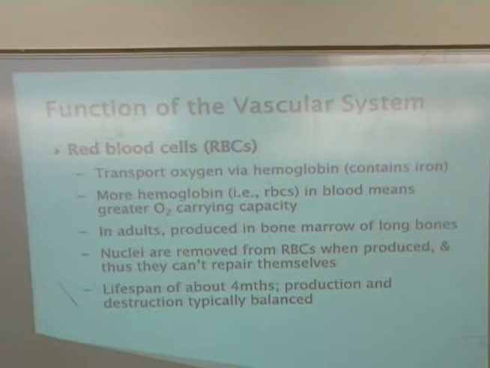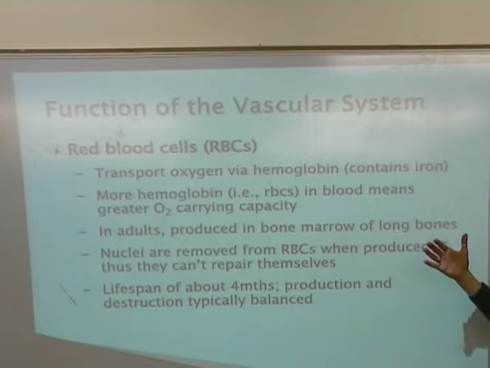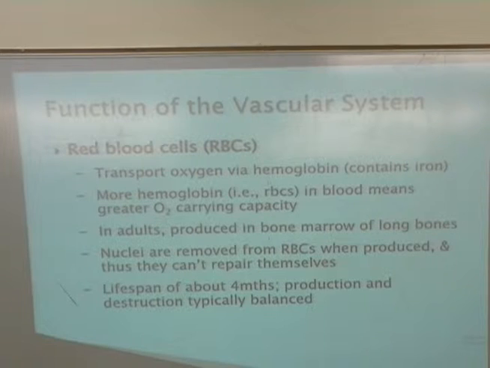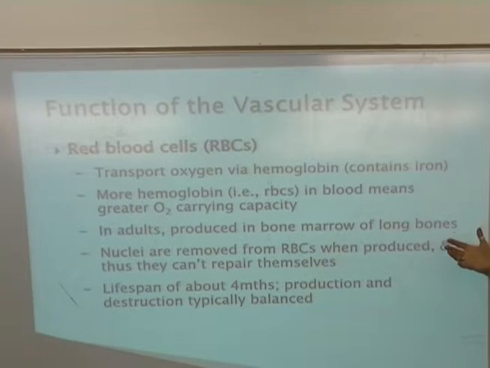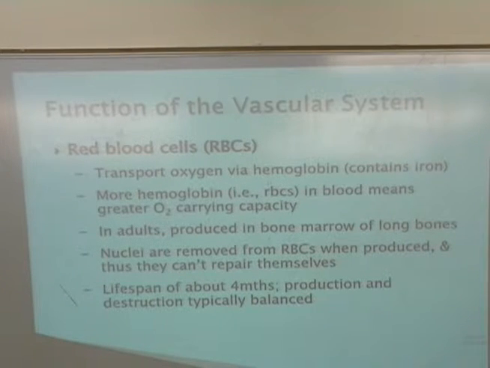In adults, red blood cells are made in the bone marrow in our long bones. So you may know someone, or you may have read about people that have to have bone marrow transplants because their bone marrow isn't functioning correctly, or they've got cancer in there, and they need to have a transplant so that they can make red blood cells and provide oxygen to their body.